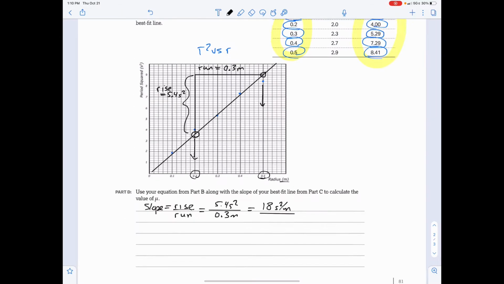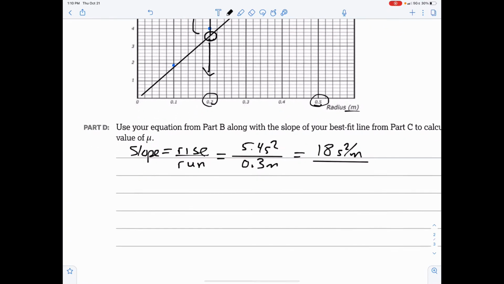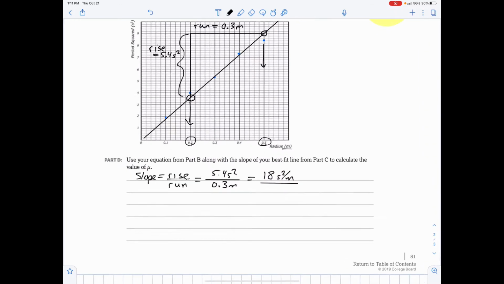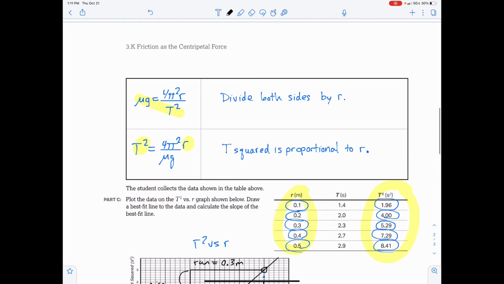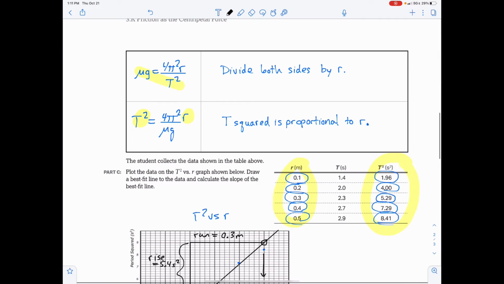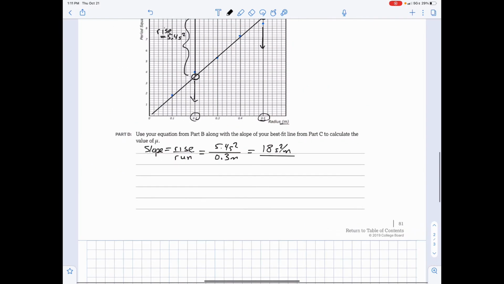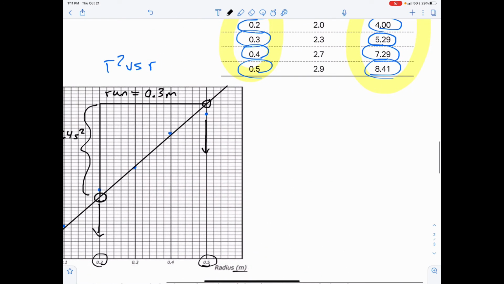Okay, so now if we take the equation that we're working with, the final equation was t squared, and we're plotting t squared equals 4 pi squared over mu g times r.